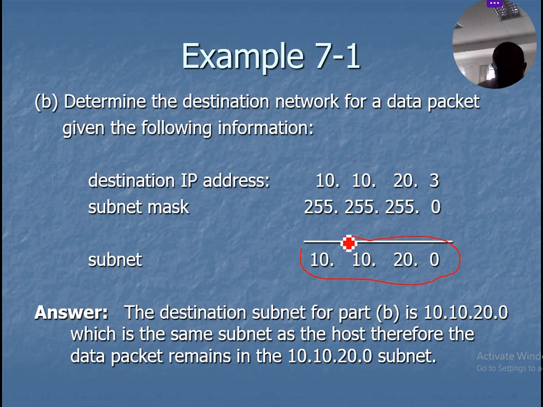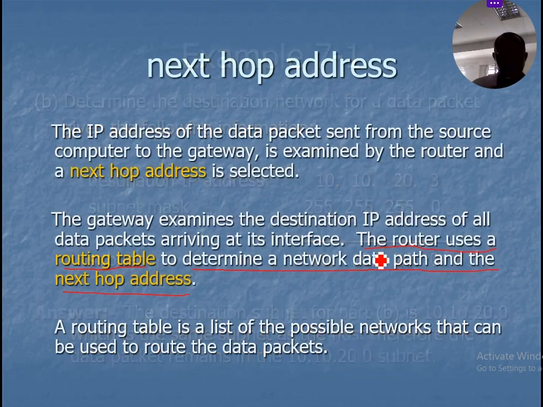It's going to be forwarded to a computer on this same local area network, since it has the same subnet as the source host. Is that okay? Now let's move on quickly.